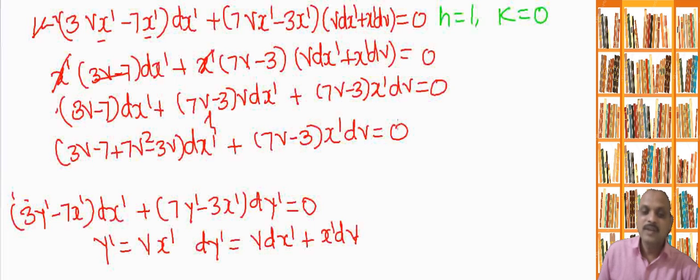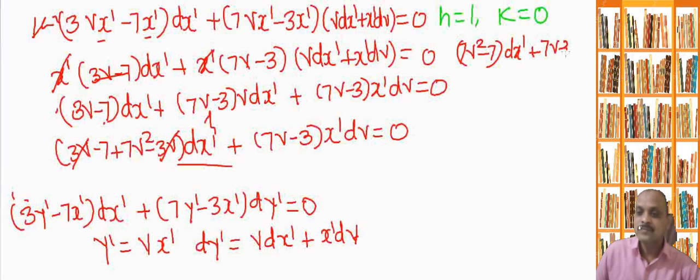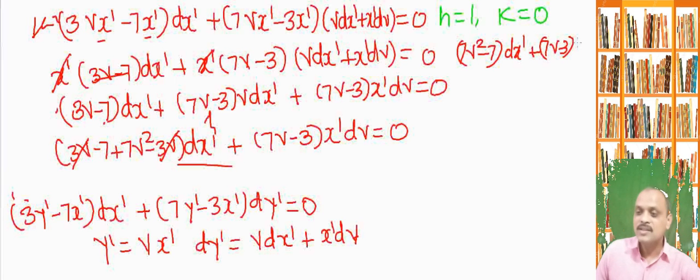So here 3v will be cancelled and we get this term as (7v² − 7) dx' plus (7v − 3) x' dv equal to 0.